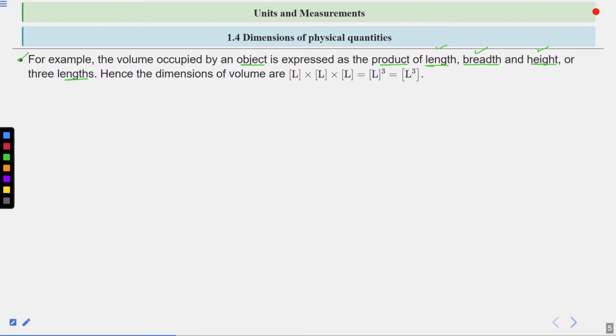So hence the dimensions of the volume are [L][L][L] with square brackets. Without square brackets it is incorrect. So L into L into L becomes L cube. So the dimensional formula of the volume occupied by an object is [L³]. Clear?